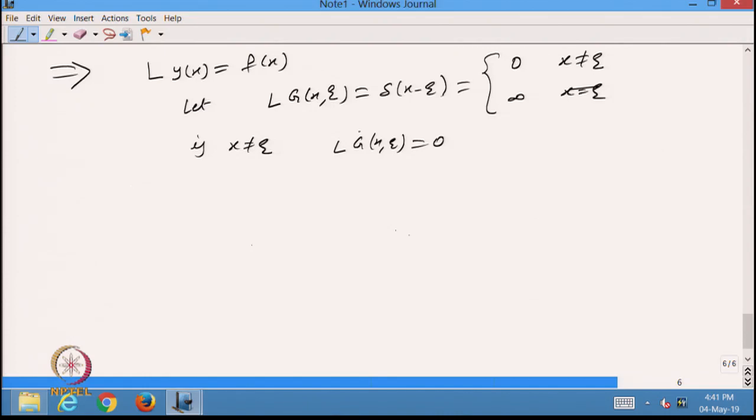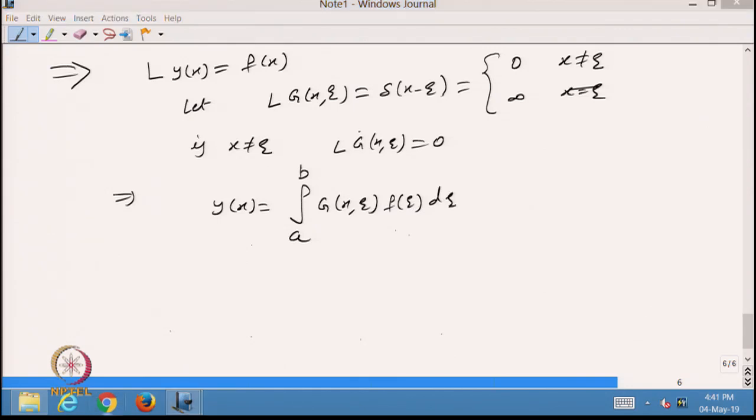Now, we have defined that with the help of the Green function I can define my solution y(x), which will be the integral of g(x, xi) f(xi) d xi. So that is the solution we have defined.